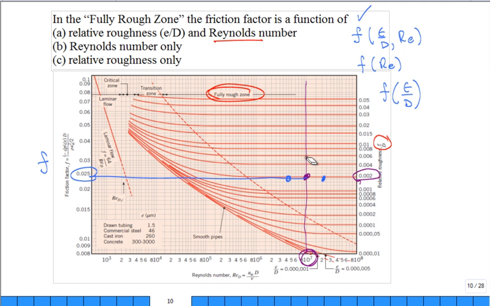Don't change the Reynolds number. Leave the Reynolds number at 10 to the 7 and change the relative roughness. So somehow you have a rougher pipe. Did the friction factor change? Yes, it did. So did it help you figure out which is the best answer? So which is it?